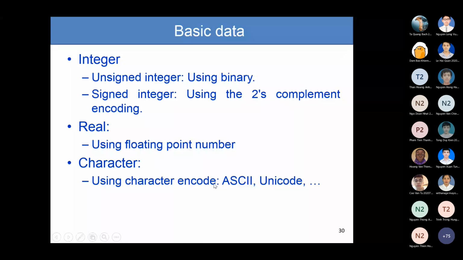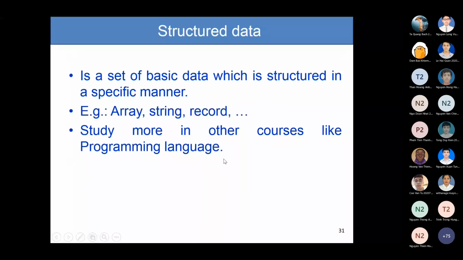Okay, so for the structure, we talked already. We can structure data, that is the complex or the combination of different basic data, right? For example, we want to store a picture in a computer or in a smartphone.